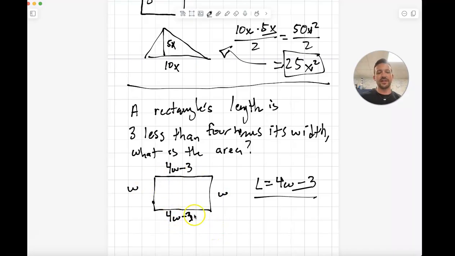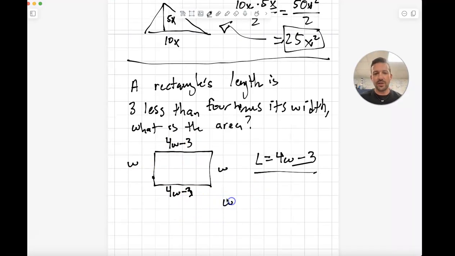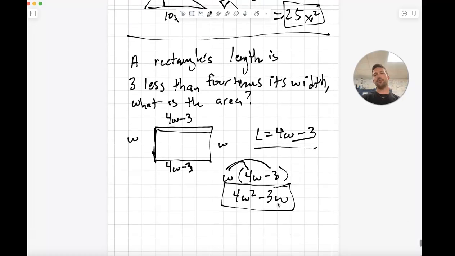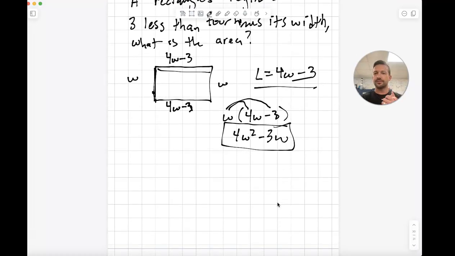So we only need to do length times width. So we're going to do w times the length, 4w minus 3. And there's our area, right? But we can distribute, so I'll make it 4w squared minus 3w. There we go. Looks good.